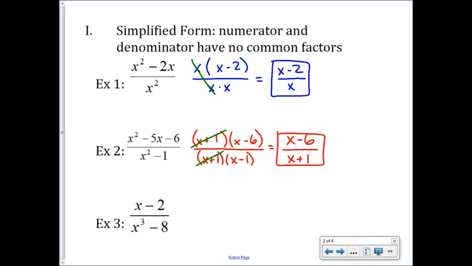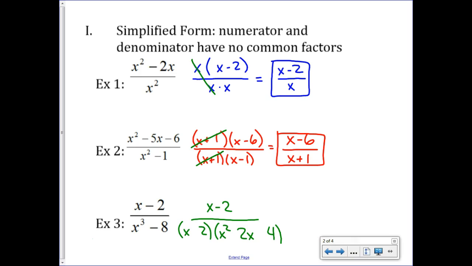All right, and then looking at this last one, x minus 2, really not much we can do. But x cubed minus 8, difference of cubes. We are thinking SOAP here. Remember that we take the cube roots. So I get x and 2. And then I square it. I multiply. And I square it.